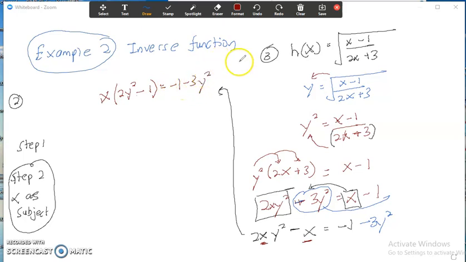So now this thing will move down to become divide, 2y squared minus 1. So this is your answer.